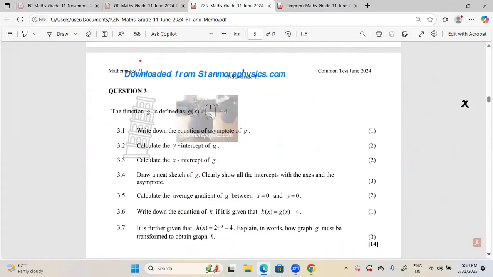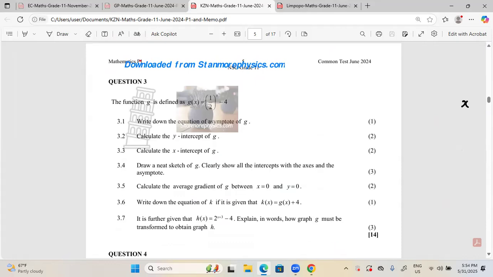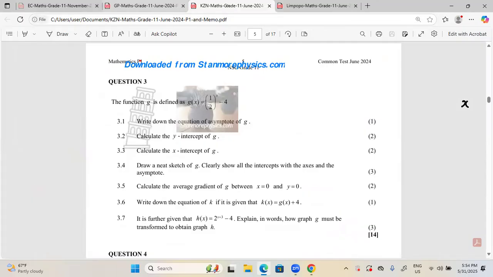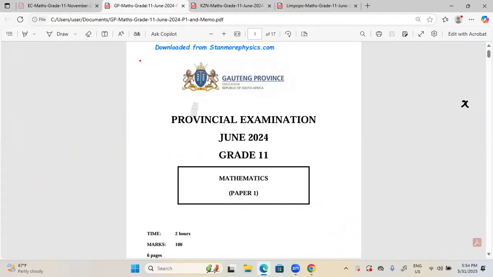Okay, this is the exponential function. This is the same. Limpopo and KZN, I think they gave us the same thing. Yes. Wow. We have to consult Gauteng.